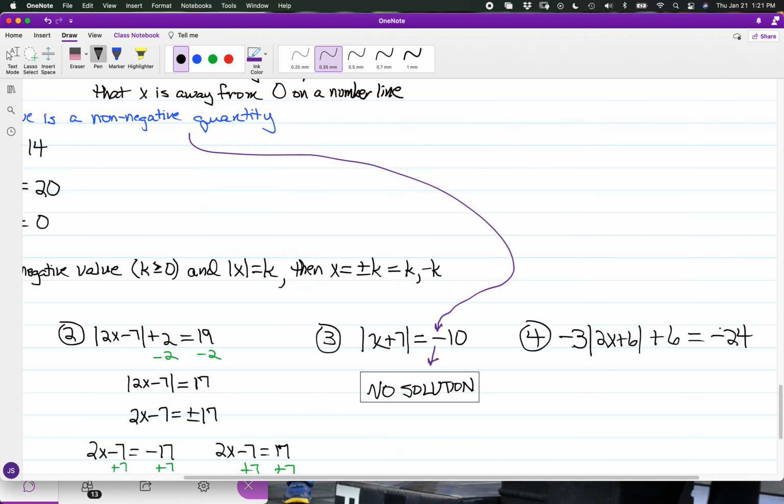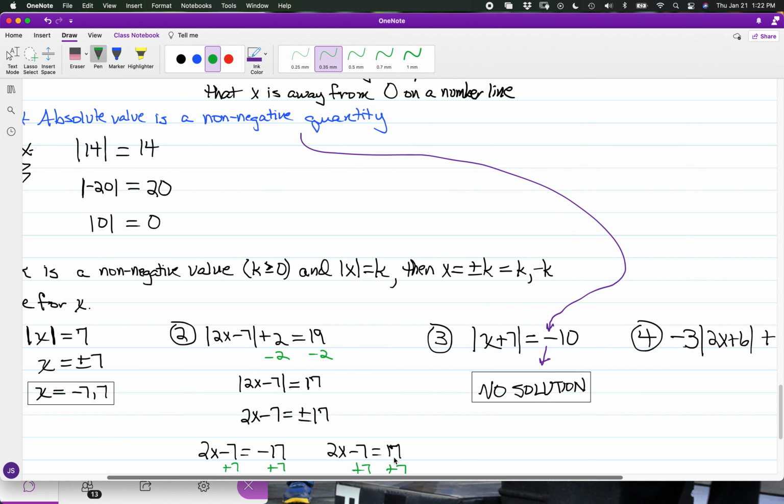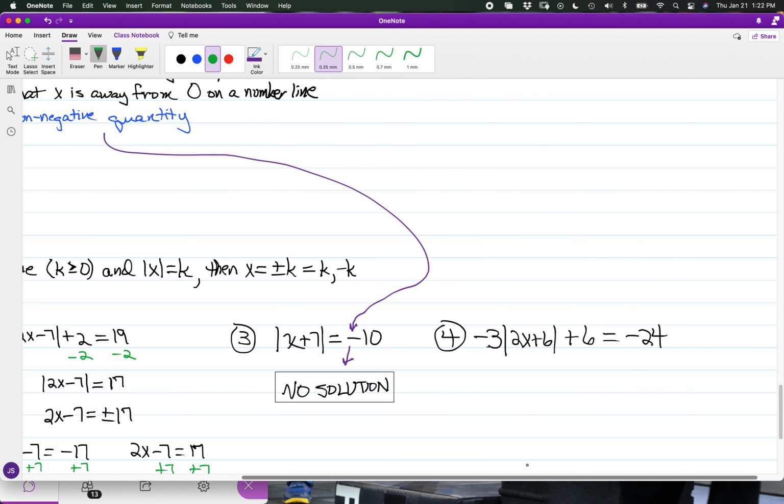Now we're going to isolate the absolute value of 2x plus 6. But let me mention, this is the first of the examples where we have a numerical coefficient in front of the absolute value notation.